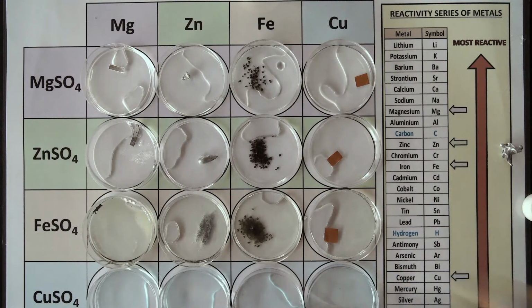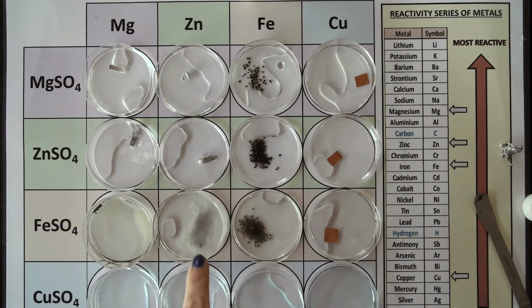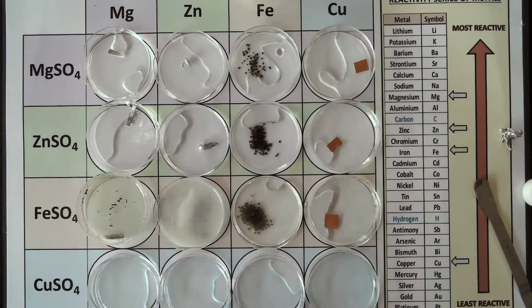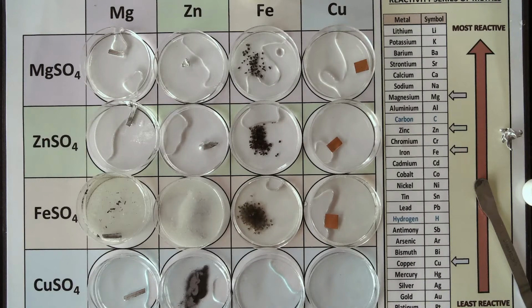To give it a bit of a stir. Oh, I can already see. Okay, we've got some bubbles, definitely some gas given off. Magnesium and the copper. We'll leave that to see if there will be a reaction. I'm going to use the zinc powder again because that worked better to see if there is a reaction.